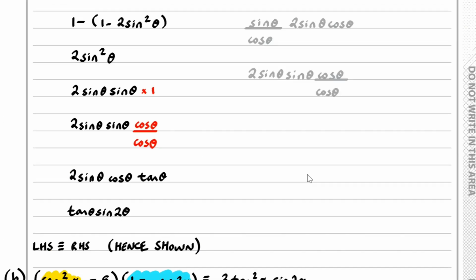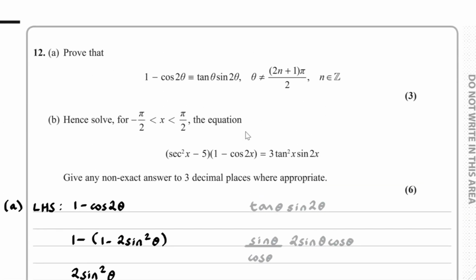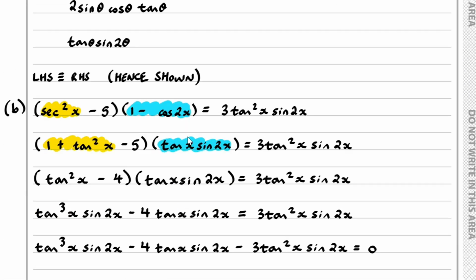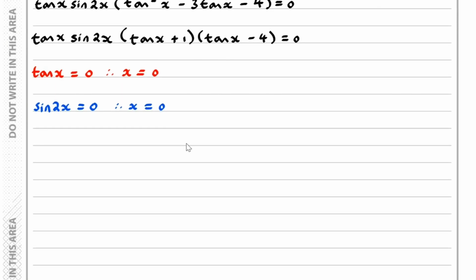And remember, x can't equal pi over 2, so I don't need to find any other solutions after this. And then if I've got tan x plus 1 equaling 0, that would imply x is equal to minus pi over 4.